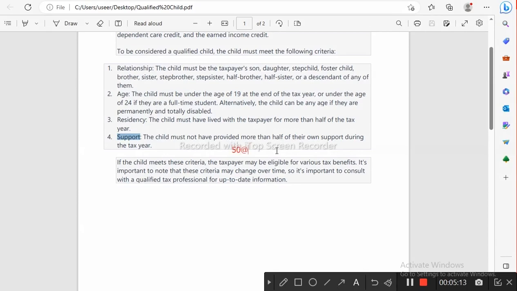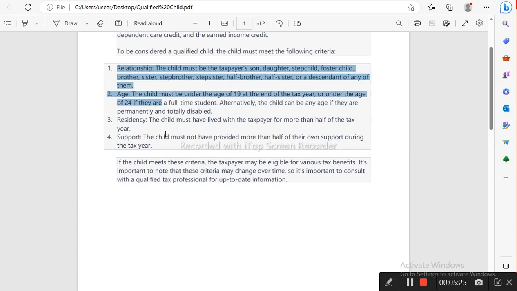You can claim them on your tax return. So these four are the tests for a qualified child. If a child fulfills them, you can take them as a dependent on Form 1040. First is relationship, second is age, third is residency, and fourth one is support.